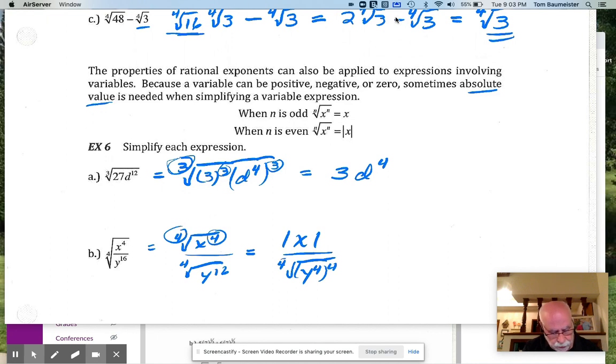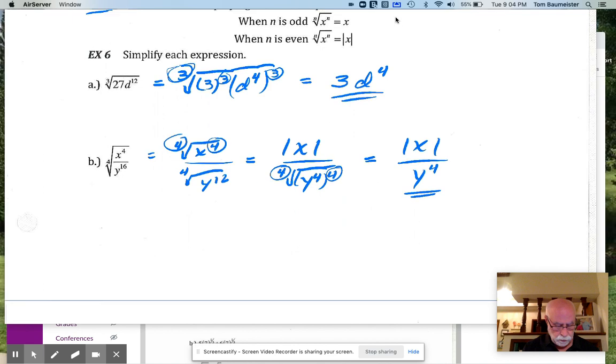So again, this 4 here and this 4 here, they're going to cancel each other out. So the top is the absolute value of x. The bottom is y raised to the 4th power. And I'm all done on those ones.